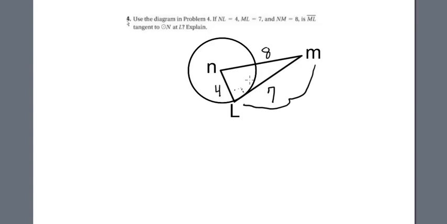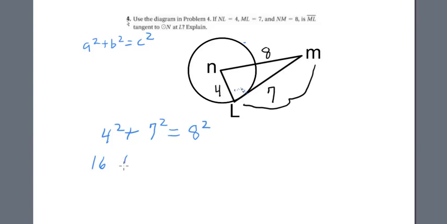Well, if it does in fact form a right triangle, then a squared plus b squared will equal c squared. So in this case, 4 squared plus 7 squared, here's our supposed right triangle, does that equal 8 squared? Because 8 is c, our hypotenuse.